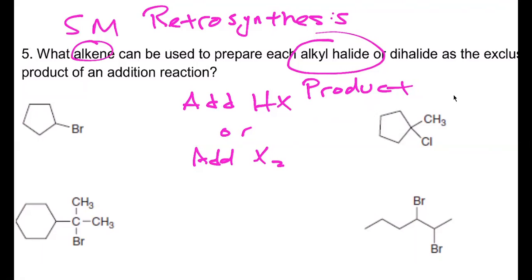All right, so let's take this one for instance, the first one right here. The way I work backwards to go back to the alkyl halide is I find the halogen. I find the hydrogen next door.